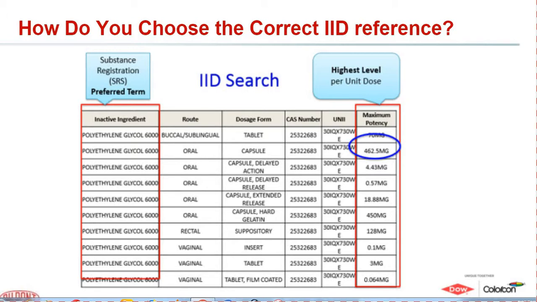But when you look at this, it'll show you the route, the dosage form, the CAS number, the Unicodes for specific grades of the excipients, and then what the maximum potency is. And that actually is the highest level per unit dose. And it's important to stress that's per unit dose. So with that, I'm going to turn it back over to Priscilla to discuss Uni Numbers.